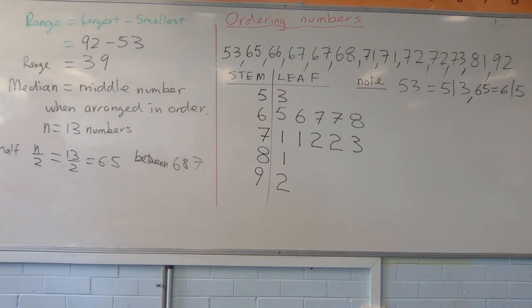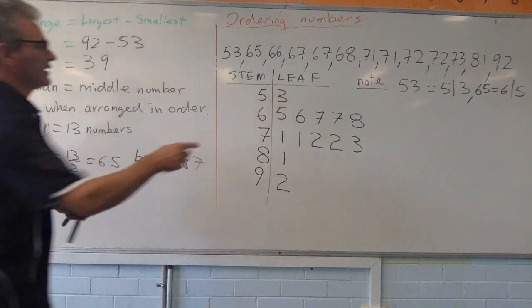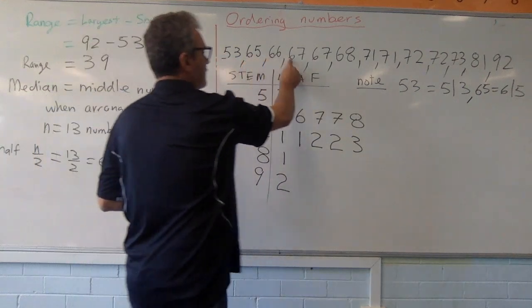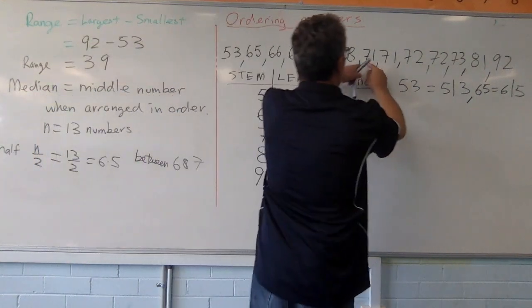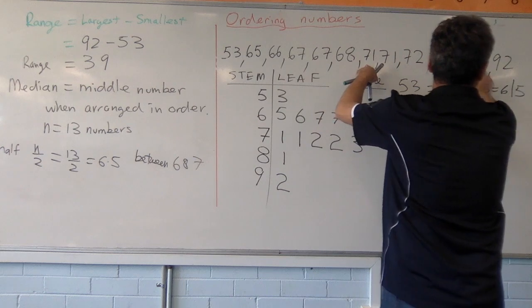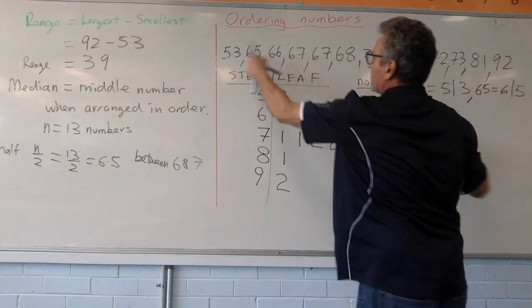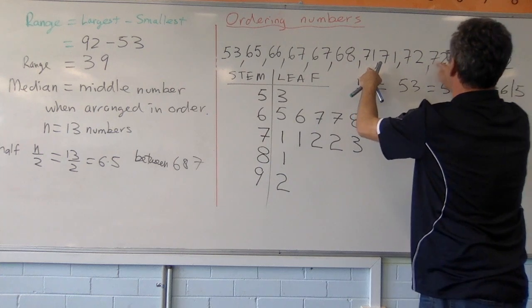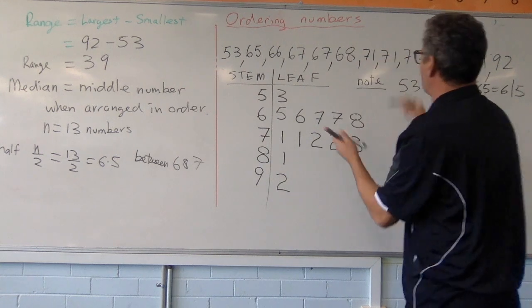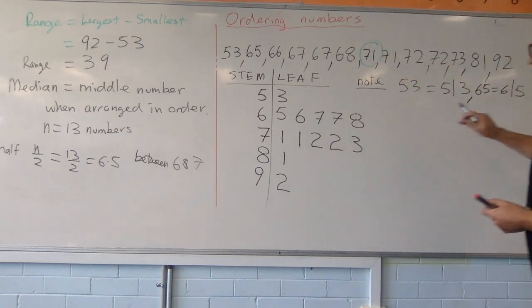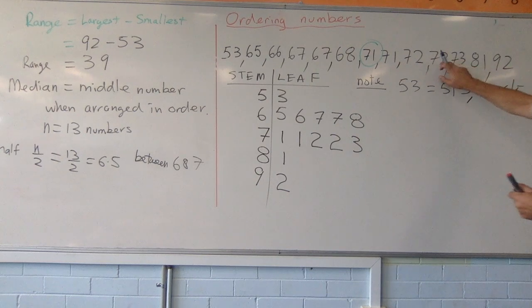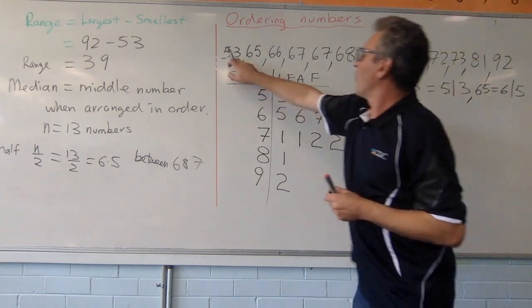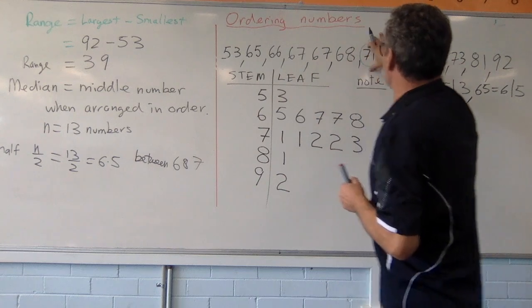So let's count this again and look for the middle number. Right, back here. 1, 2, 3, 4, 5, 6, 7, 8, 9, 10, 11, 12, 13. 1, 2, 3, 4, 5, 6, 7. Right. Let's go back. 1, 2, 3, 4, 5, 6 numbers in the middle.